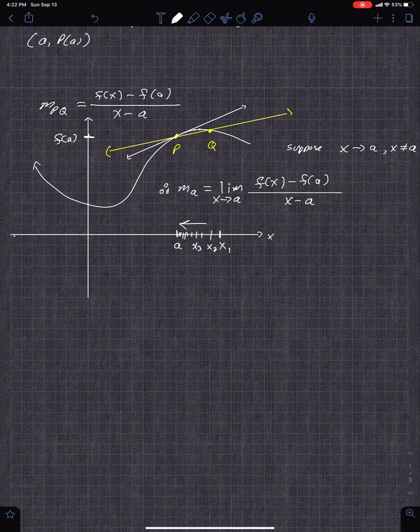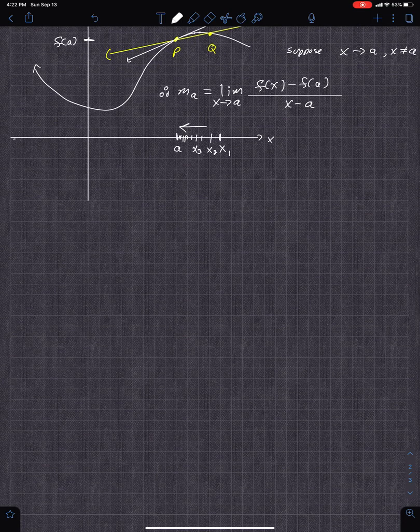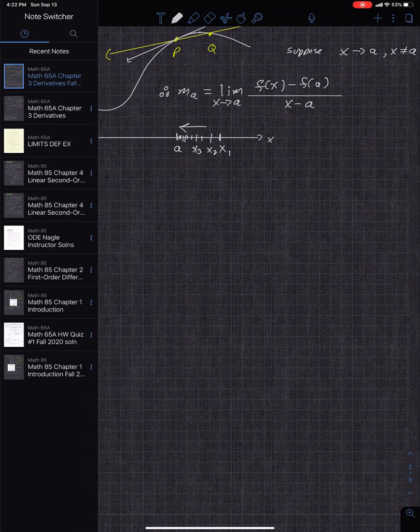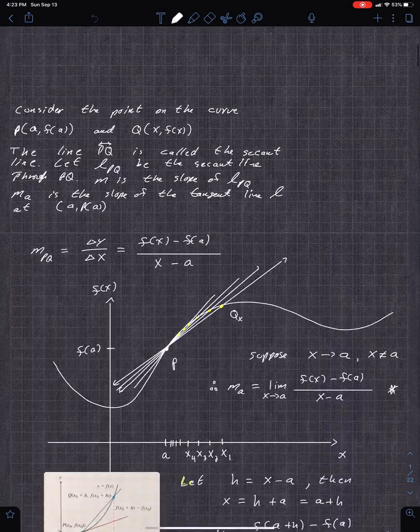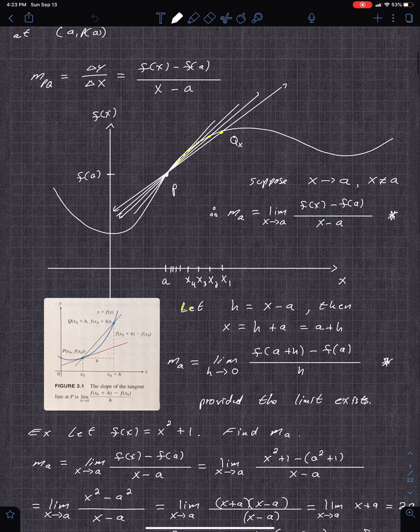Now, we're going to define a few more things. Let me grab the book's picture on my notes, which is down here. Take a second to look at that. That's a little better drawing than how I drew it before. You can see that these slopes start here, and then they start getting closer and closer as you have points getting closer and closer to a.